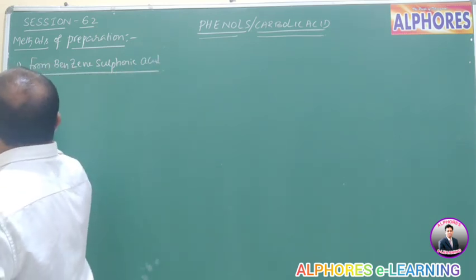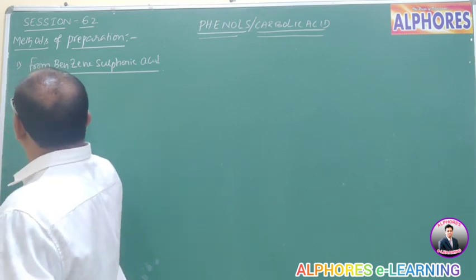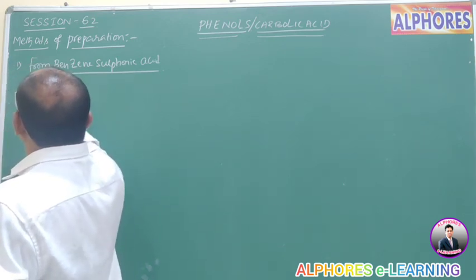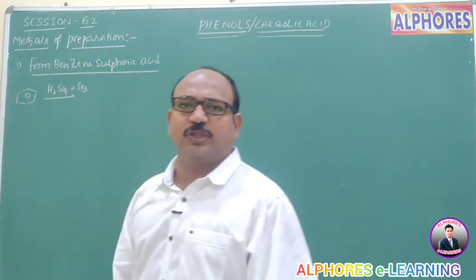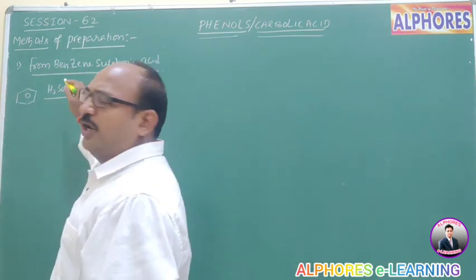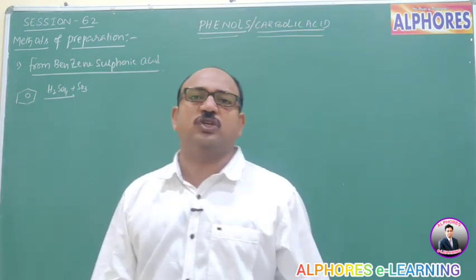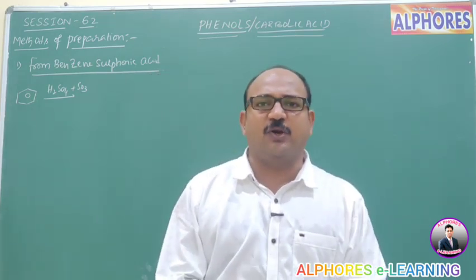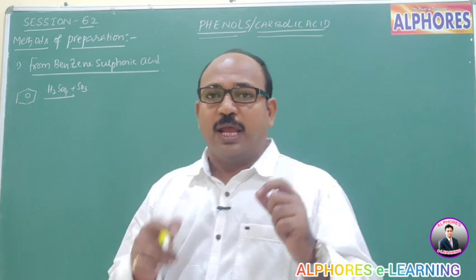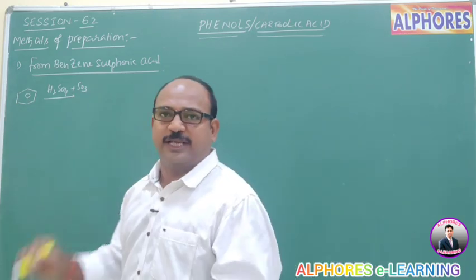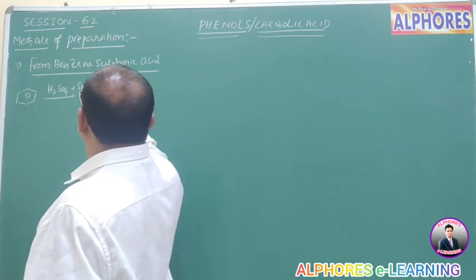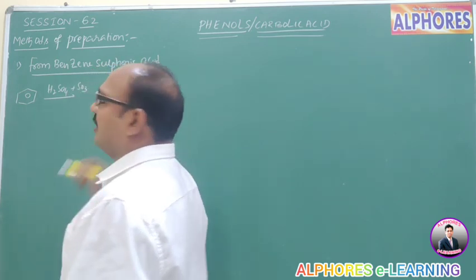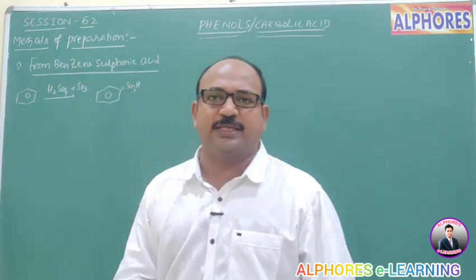Benzene reacts with fuming sulfuric acid. As we know, fuming sulfuric acid is H2SO4 and SO3, also called H2S2O7, also called pyrosulfuric acid. Sulfonation takes place, and we learned that mechanism of sulfonation of benzene. We are getting benzene sulfonic acid.